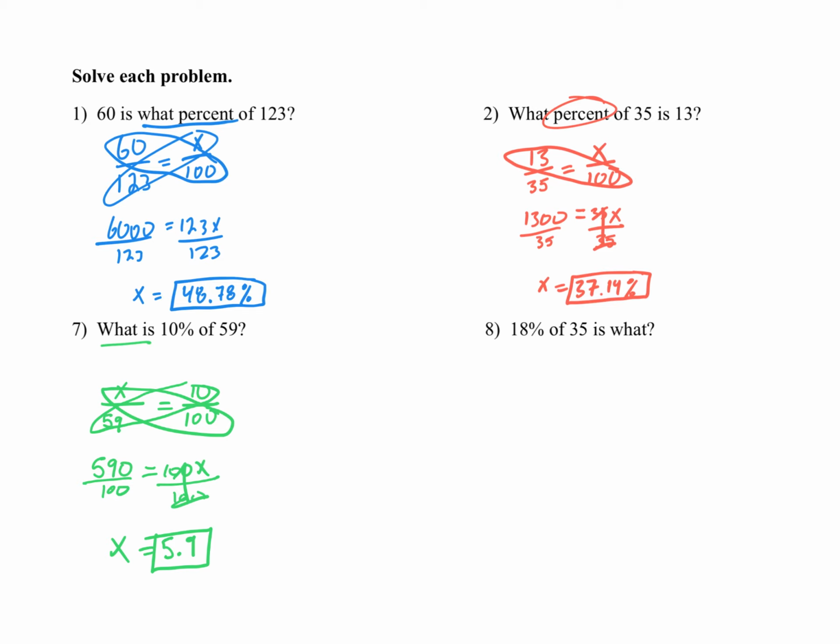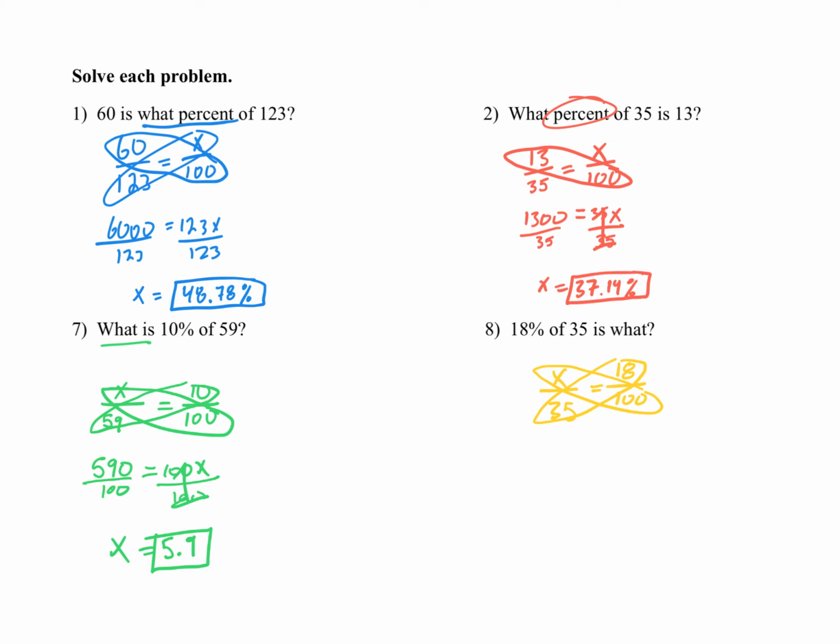Over here it says 18% of 35 is what? So again, we have the percent, so that's going to go over 100. 18 over 100. So looking for 18% of 35, so 35 is the whole number. It says is what, so we're looking for the part, so I'll put the x up there. Multiply this and multiply this.